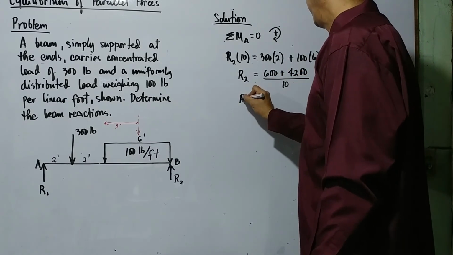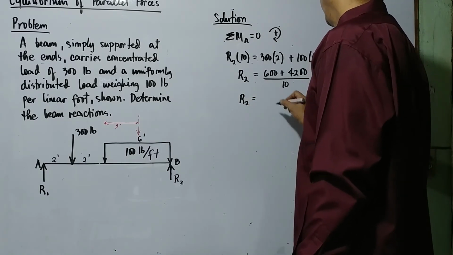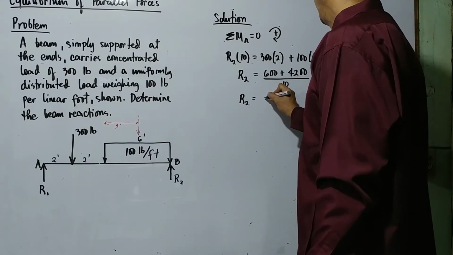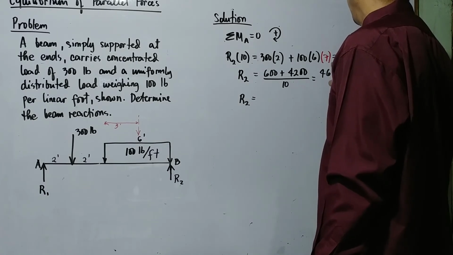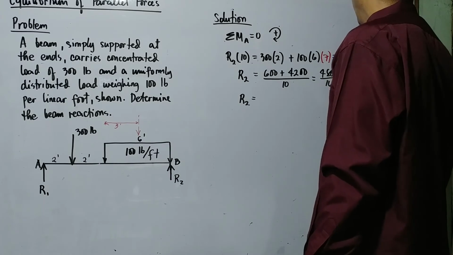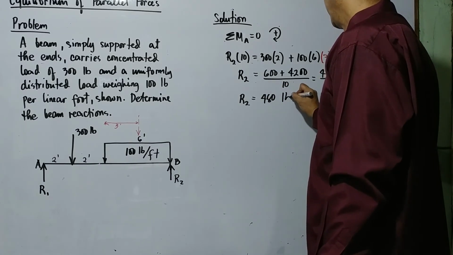Or R2 equals 4,800 over 10, or this is 480 pounds.